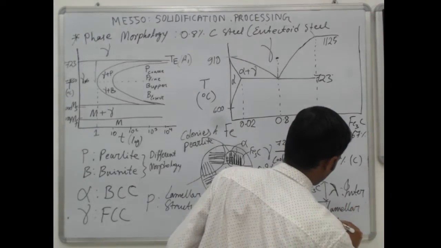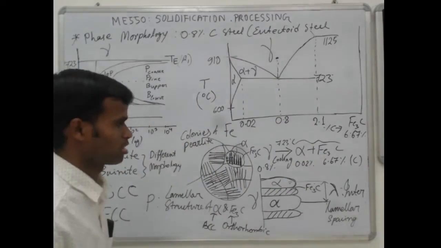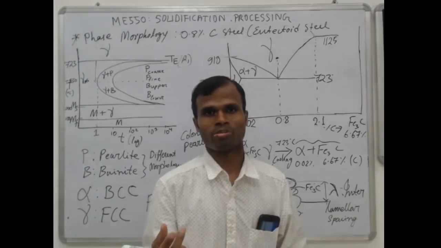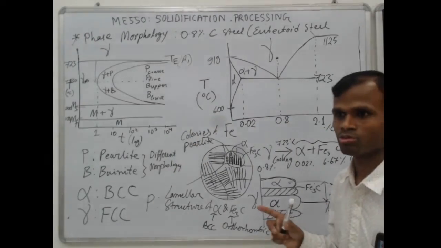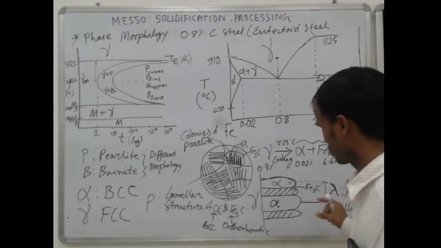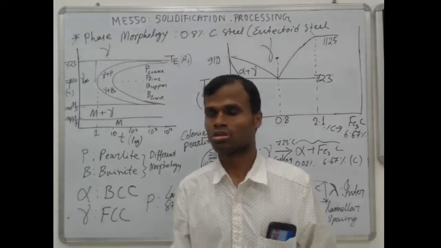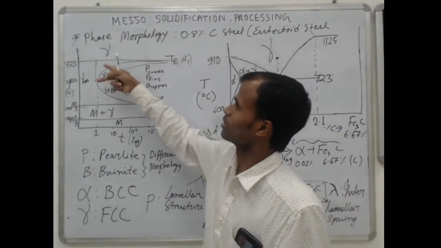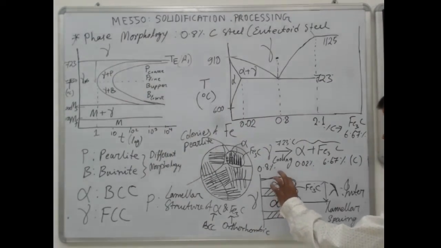Interlamellar spacing. When you say your pearlite is coarse, this spacing is more. When you say your pearlite is fine, that means this spacing is fine. Whether you have fine pearlite or coarse pearlite depends on undercooling, and depending on undercooling their thickness varies.